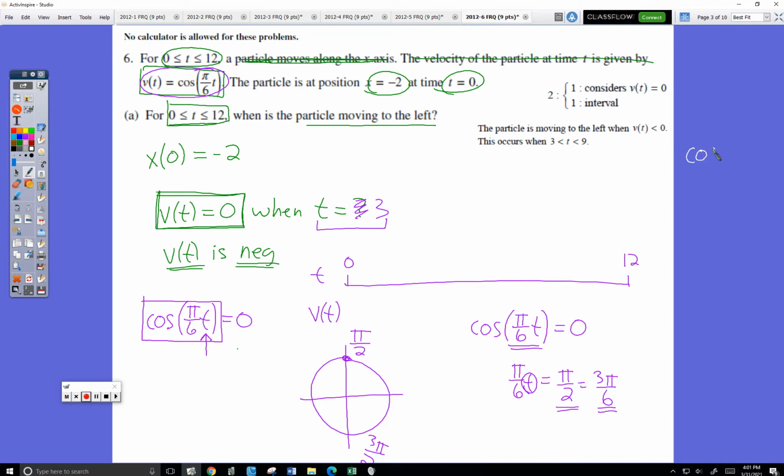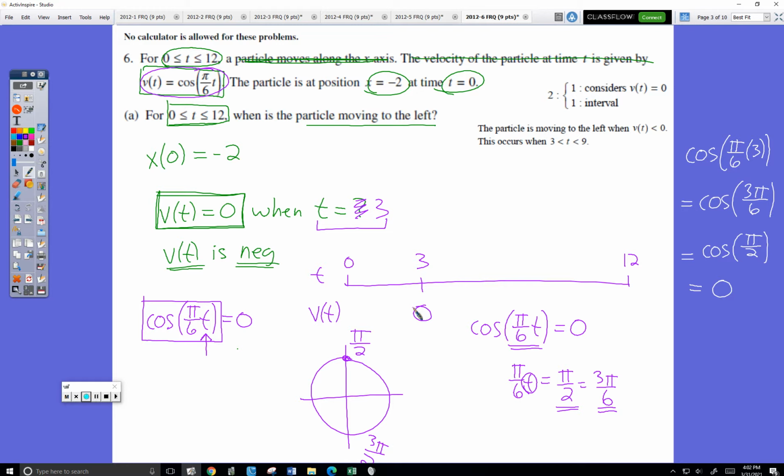The cosine of pi over 6 multiplied by a time of 3 would give you the cosine of 3 pi over 6, which is the same thing as the cosine of pi over 2. And that is equal to 0. So yes, I know now that when time is equal to 3, the velocity has a value of 0.